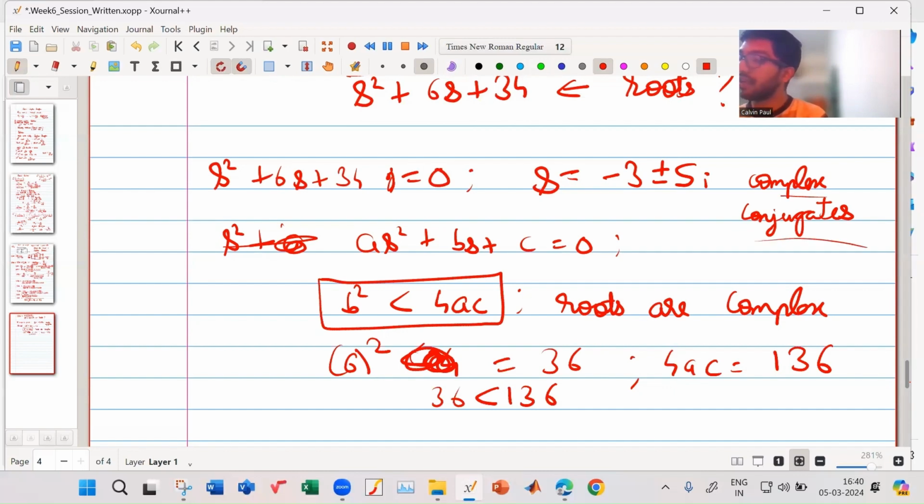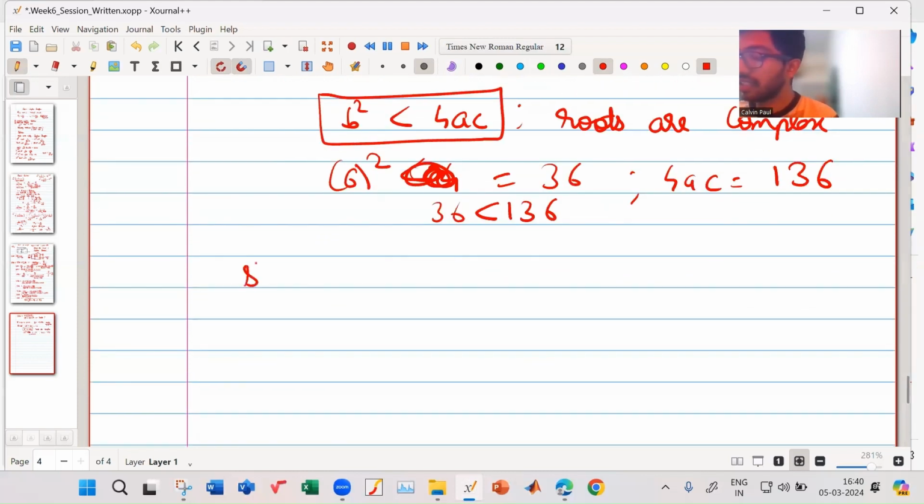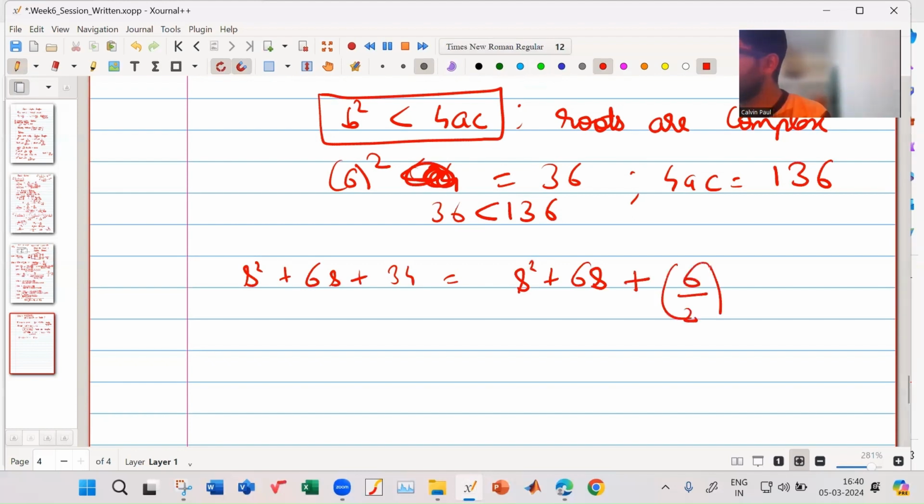Now we found out that our roots are complex conjugates. Then what should we do? Suppose we have this equation, s square plus 6s plus 34. We write it in the form s square plus 6s plus (6 upon 2) square plus 34 minus (6 upon 2) square.